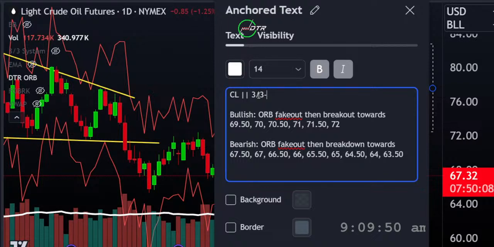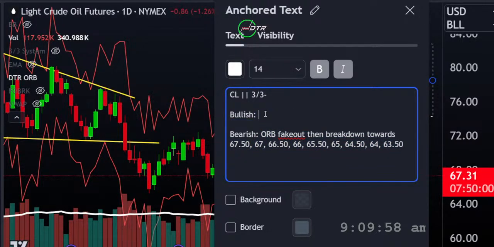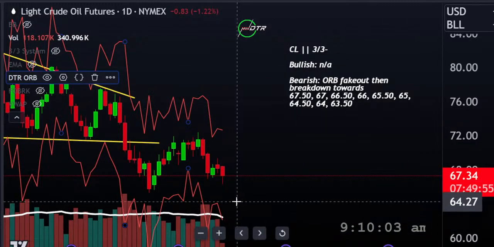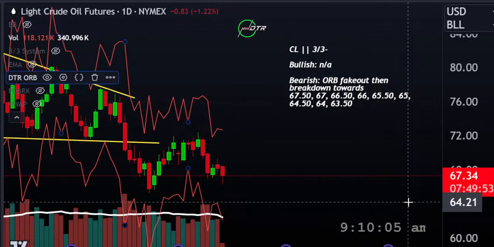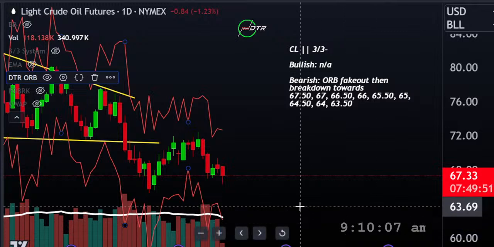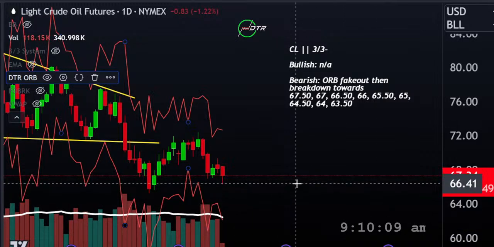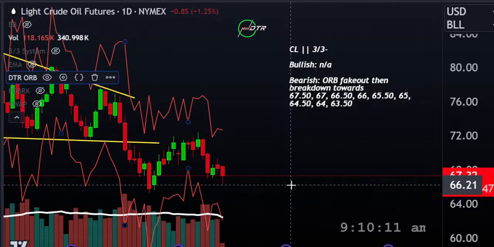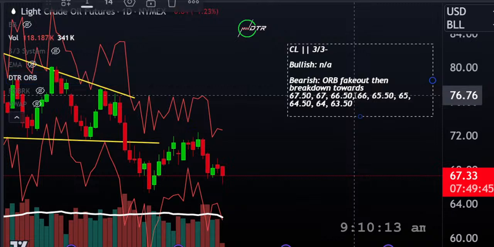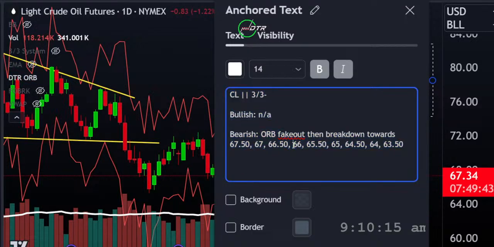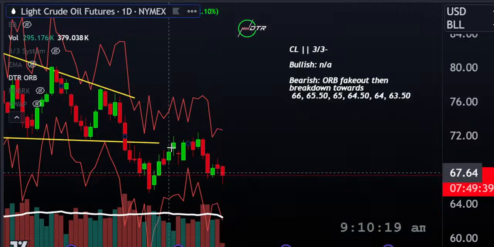So we're seeing 3 for 3s to the upside on the index level, 3 for 3s to the downside on the commodity level. So we kind of have a way that we can play this in both directions. If we get a bearish breakdown here, we're going to look to play commodities. If we get a big bull day, then we're going to look to play indexes here. And our starting point is going to be a move down towards 66. And then we've got that follow through here to the downside.